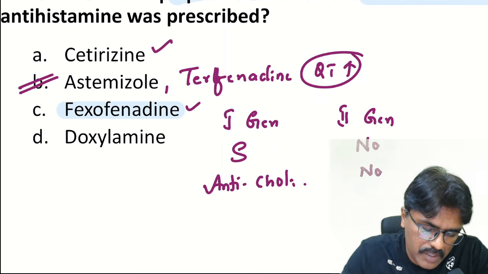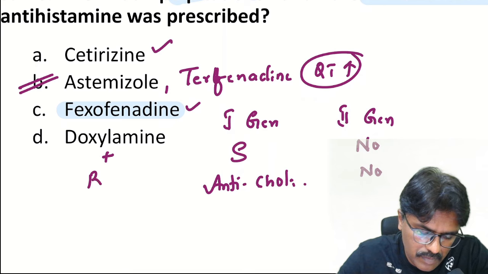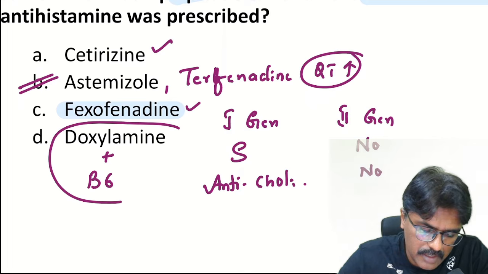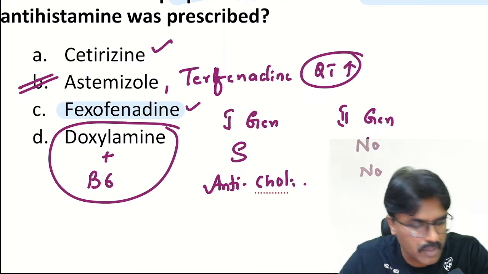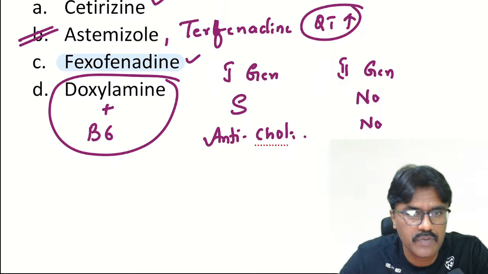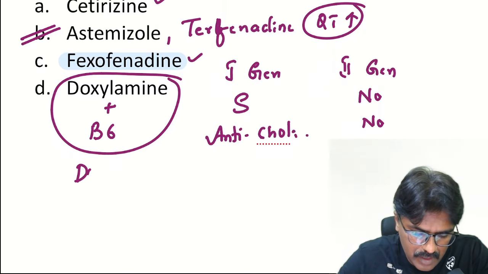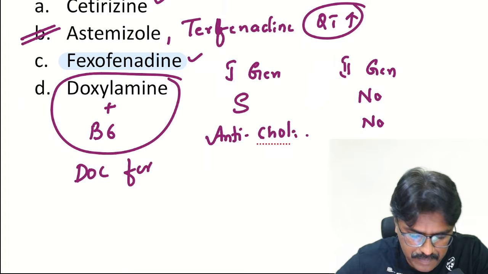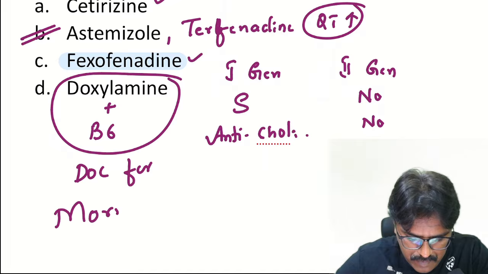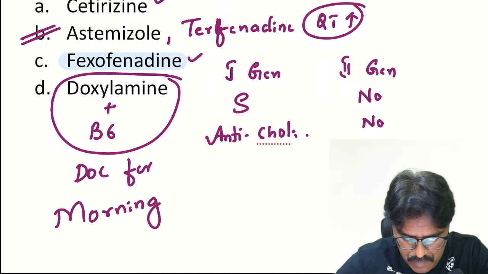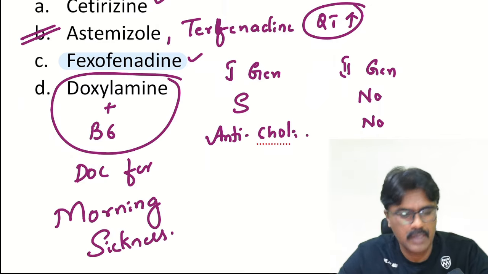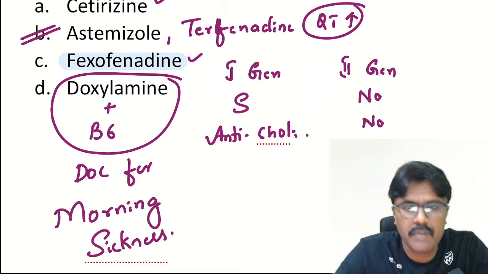Doxylamine belongs to first generation, but it is tested along with B6 as a drug of choice condition. Doxylamine with B6 is a drug of choice for morning sickness. So this much you need to remember from antihistamines.